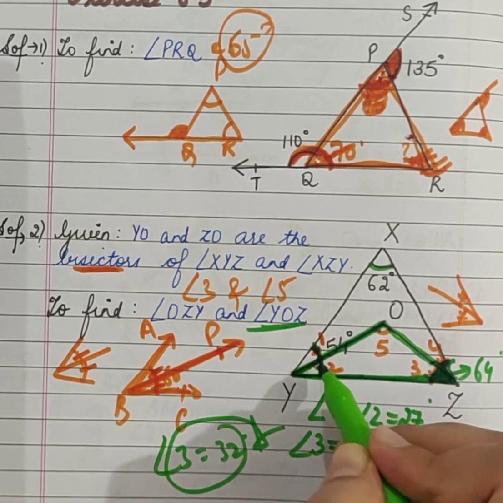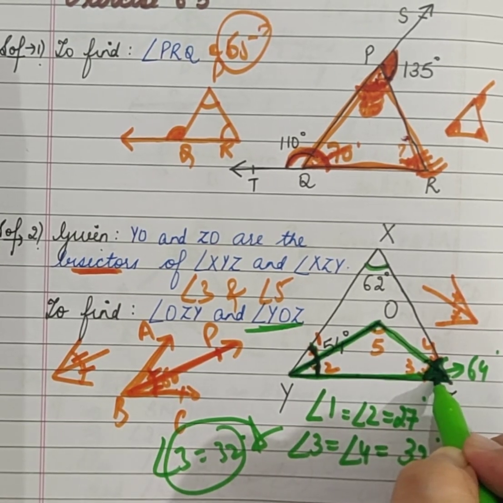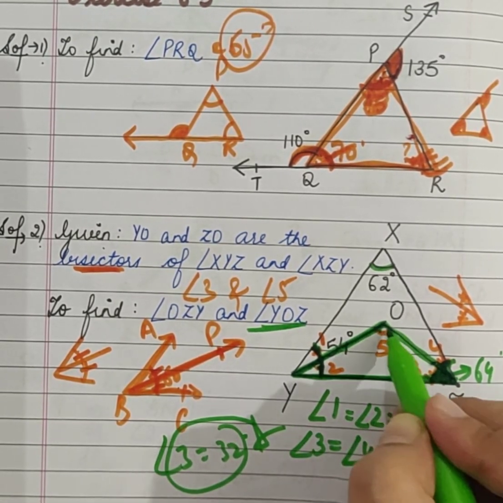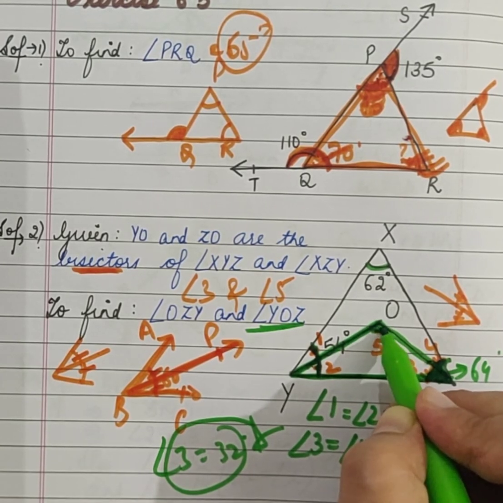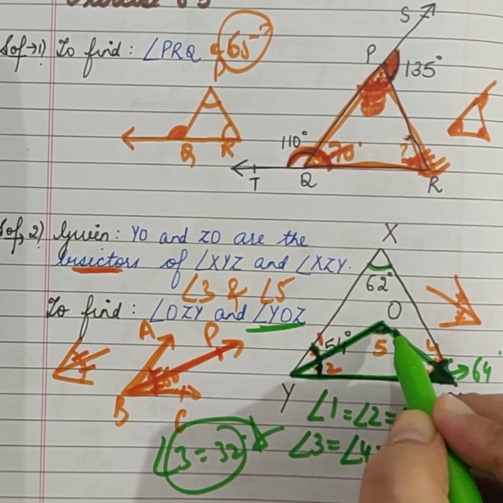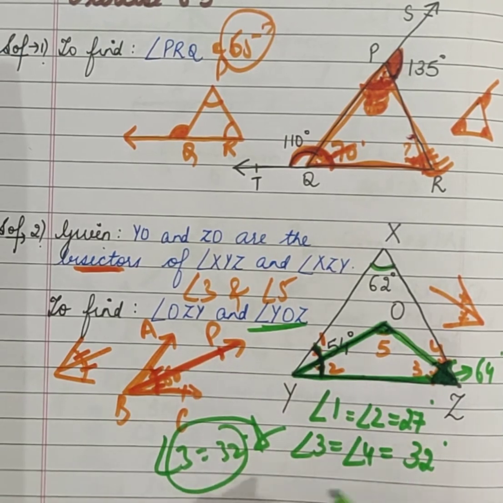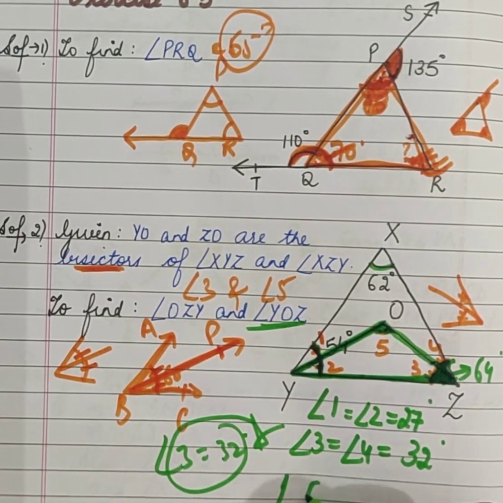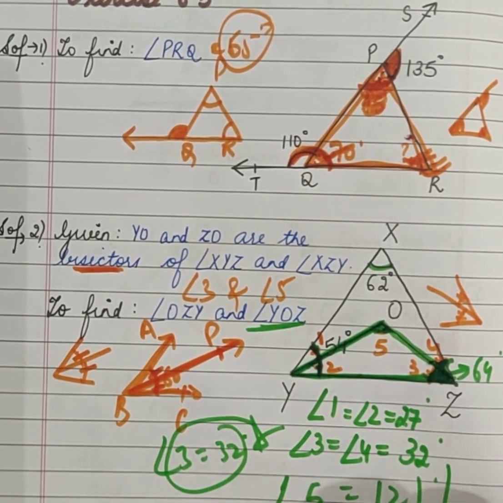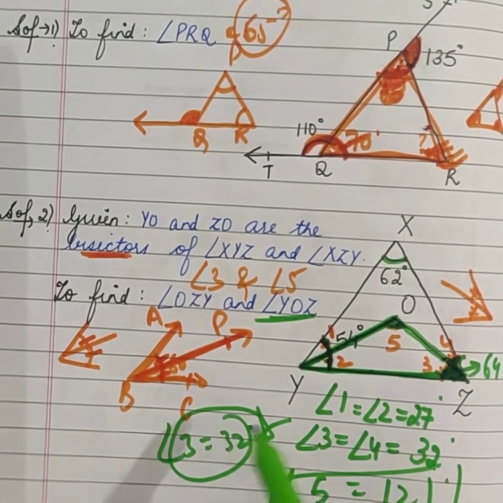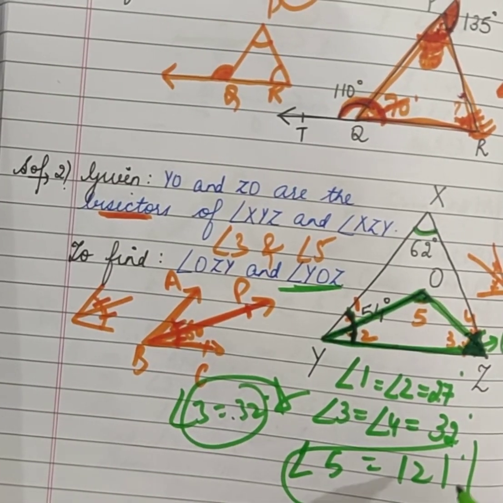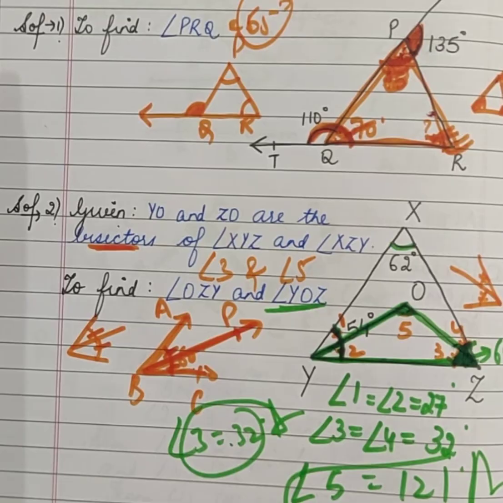It is 27 degrees. We know the value of angle 3. It is 32 degrees. So from here we can easily find the value of angle 5. So angle 5 will turn out to be 121 degrees. So these are the two answers, 32 degrees and 121 degrees.